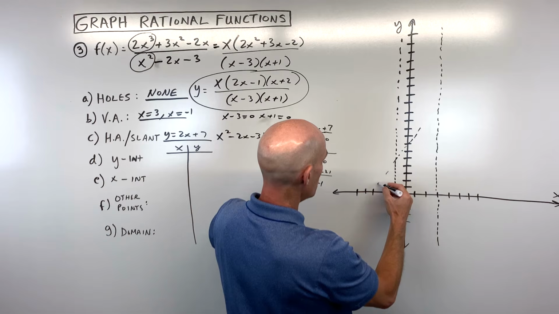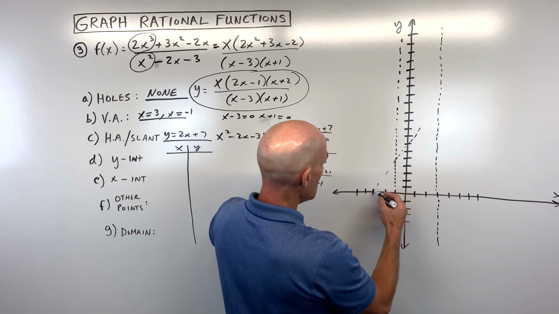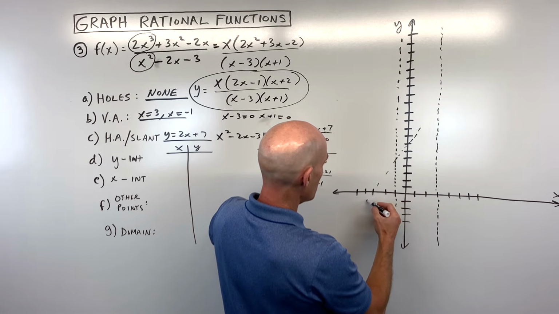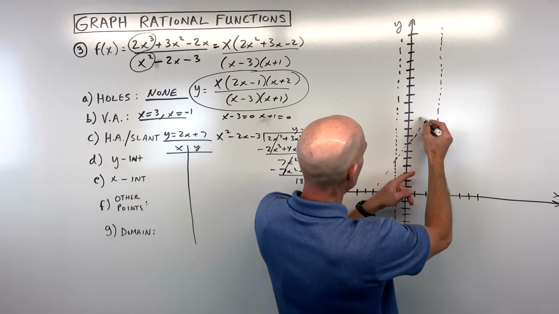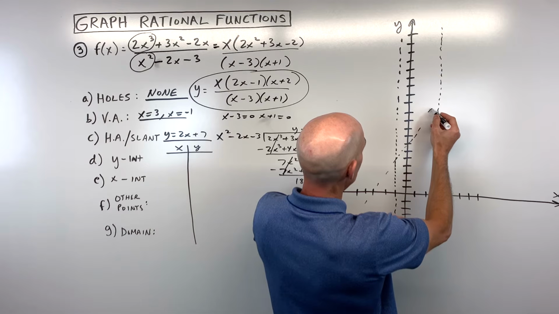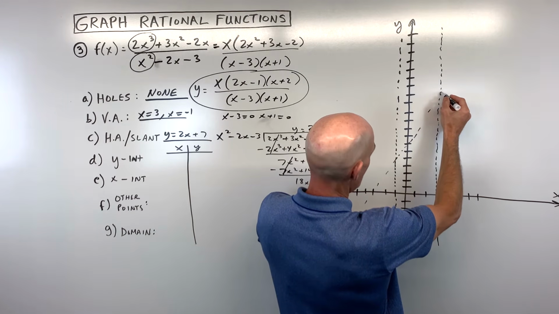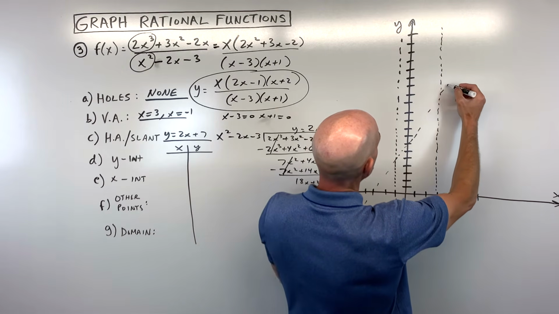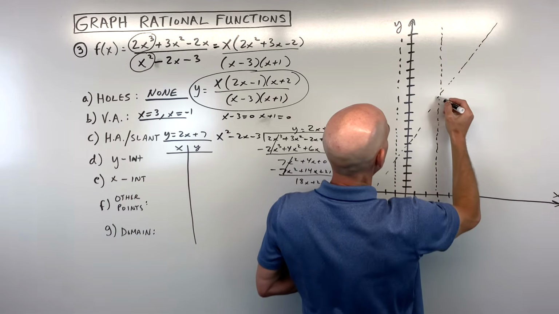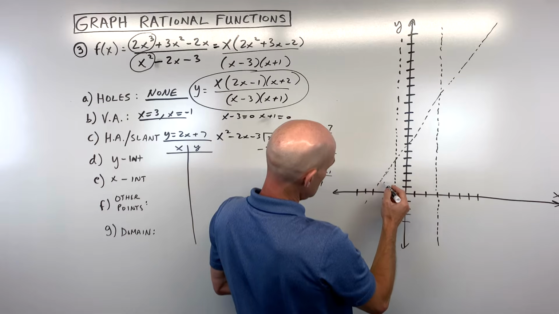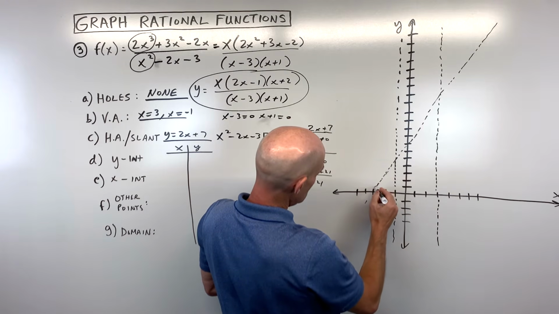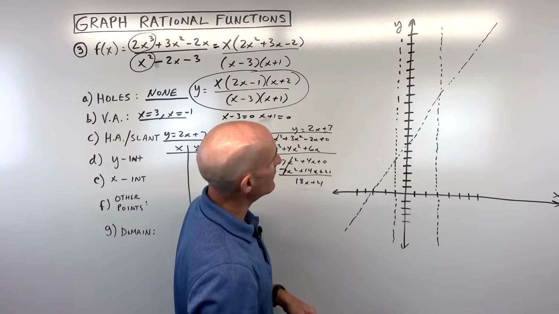So roughly, up 2 over 1, and up 2 over 1, okay, so basically like this. I'm trying to be accurate. I don't have graph paper on this screen here on this board, so we can just kind of estimate like that.